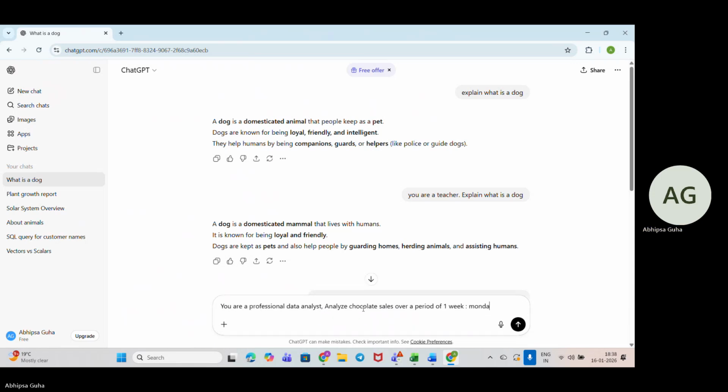Monday is 15. Next, Tuesday, we are just taking some idea like that, 18. Wednesday, we are taking about 20. Thursday, we are taking it as 22. Friday, we are taking the idea as suppose 25.